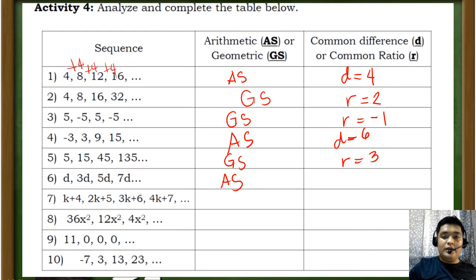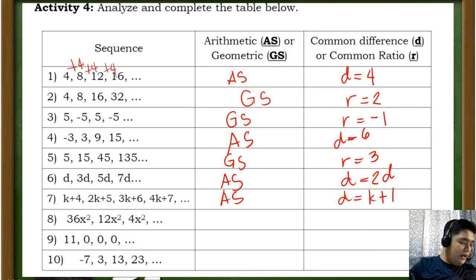Our D here is 2D. Okay, number 7, this is an arithmetic sequence also. Our D here is K plus 1. Number 8, this is a geometric sequence. Our R here is 1/3. Okay, how about number 9?